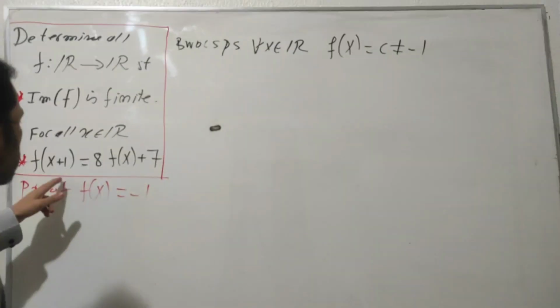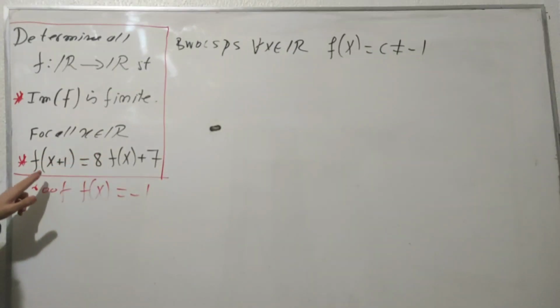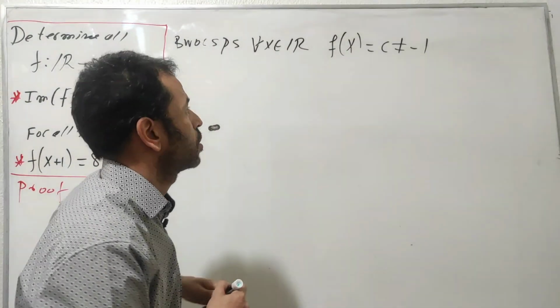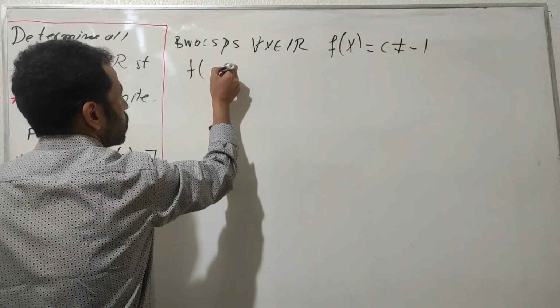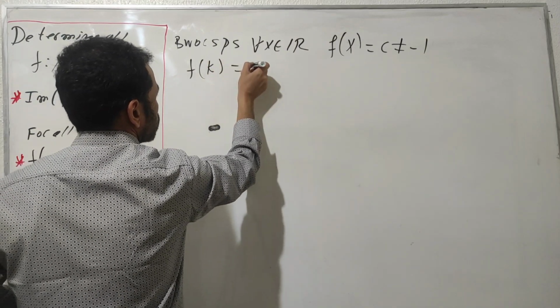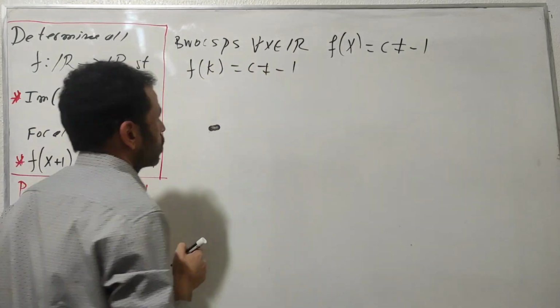Let's take some values of x in order to see the general expression. Now let's take a special value of x. Let's take f of k, which equals c, different from minus 1.